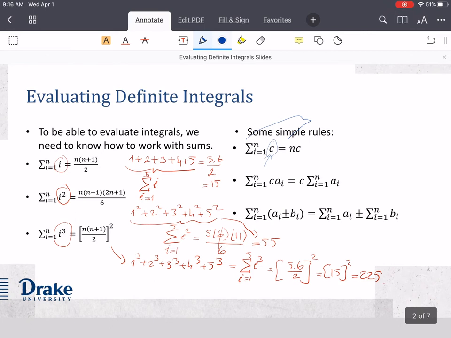The first term will have a c, the second term will have a c, the third term will have a c, all the way to the nth term. So this is basically adding c n many times. Because of that, we have n many c's, and that summation will be basically n times c.